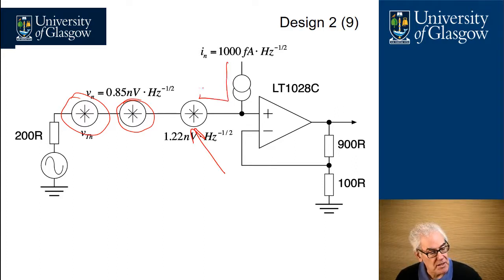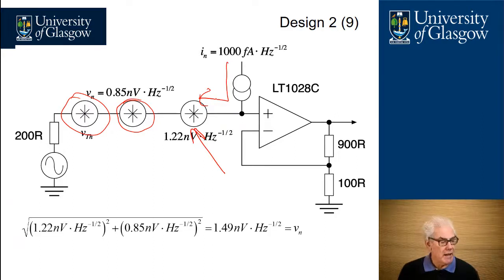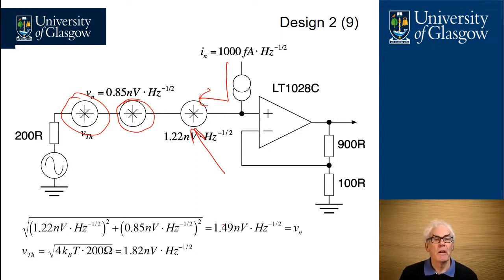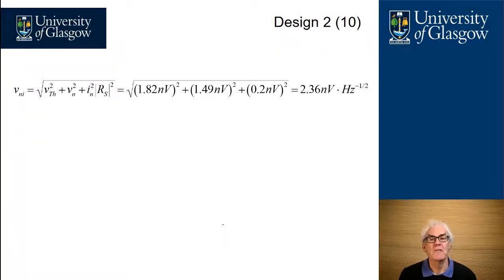And we still have to deal with our noise current flowing into the 200 ohm source impedance. Calculating out the figures here, we get 1.22 all squared plus 0.85 nanovolts all squared, which gives us approximately a 1.5 nanovolt per root hertz equivalent noise source for Vn. And if we work out our Thevenin voltage, we know that's 1.82 nanovolts per root hertz.